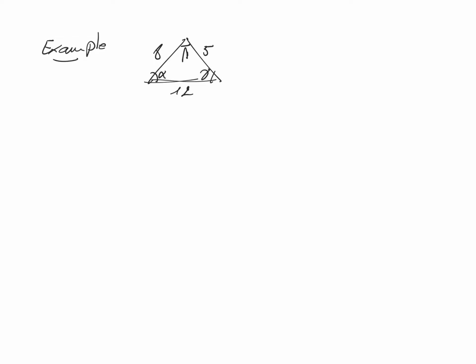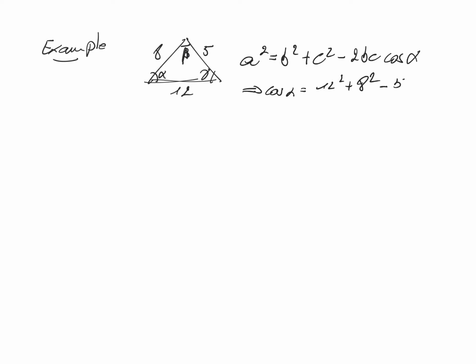Because we know the three sides, it's easy to find the angles using the theorem. We know by the theorem that a squared is b squared plus c squared minus 2 times b times c times the cosine of alpha. So cosine of alpha is b squared, and b was 12, so 12 squared, plus c squared, 8 squared, minus a squared, so minus 5 squared, divided by 2 times b times c.